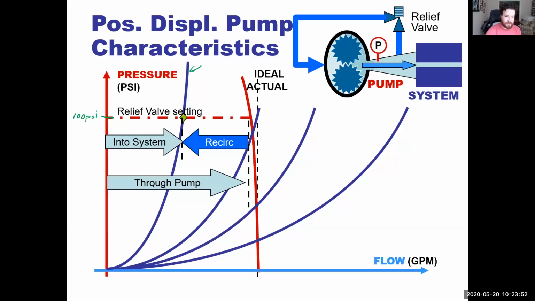So all of this fluid, like I said, right here is what's going through the pump. So we can have, let's say, 50 gallons per minute, and that's going through the pump. And going into the system is from our 0 point to our relief valve setting. So let's say 25 is going into the system, and recirculating back from the outlet and back into the inlet of the pump is the other 25.